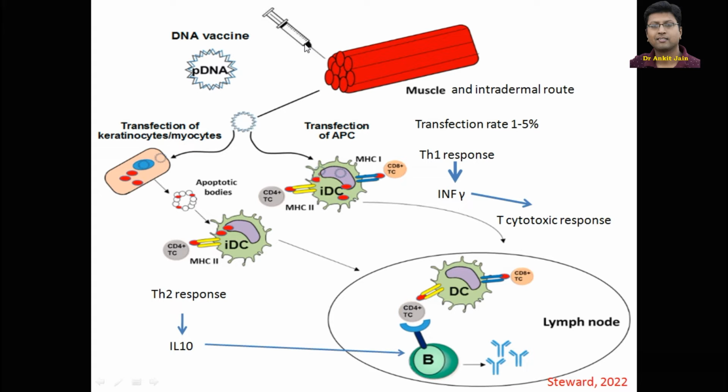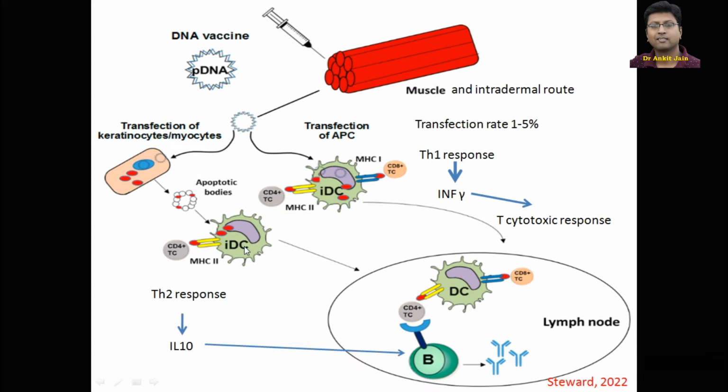When we inject into the muscle, the muscle cell will be transfected with the particular plasmid and will start producing different types of antigens, and that antigen will provoke the nearby dendritic cells. These cells will express it on MHC class 2 and MHC class 1, and that will produce the immune response.